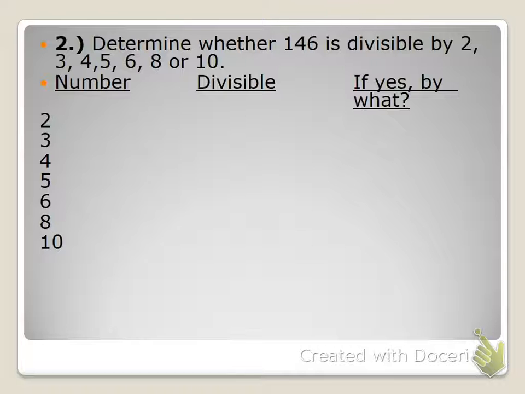So, is 146 divisible by 2? How do you know? Okay, you could tell me that it's an even number, or that the ones digit, which is a 6, is divisible by 2. So you could tell me 6 is divisible by 2 because that was the ones place.